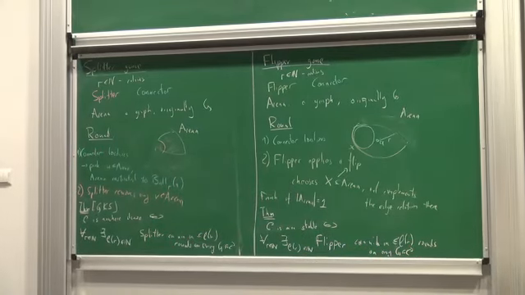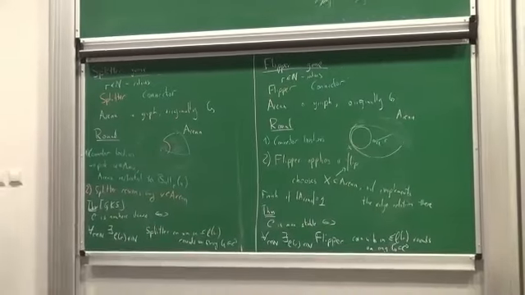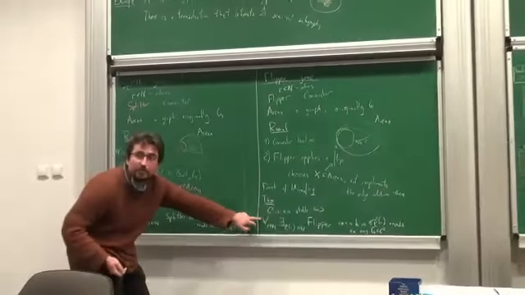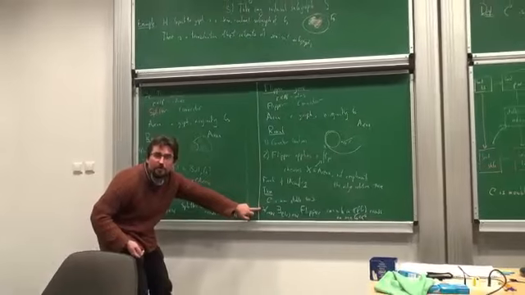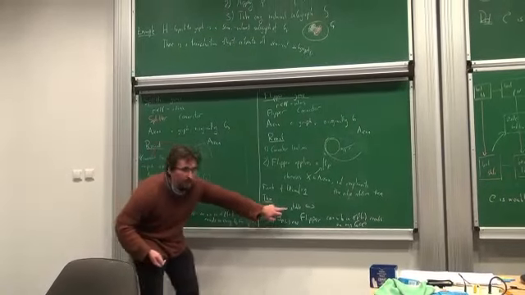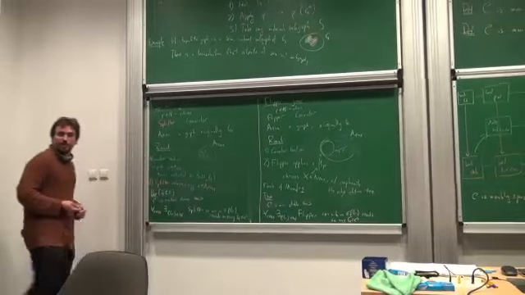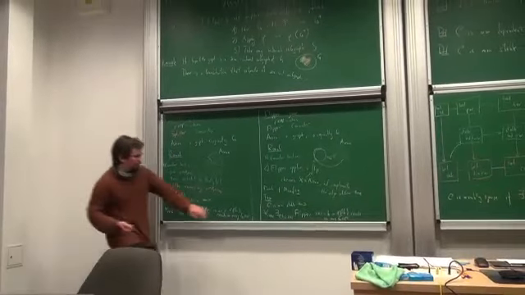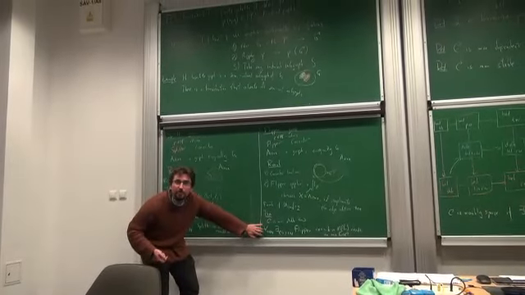Right? So observe that this is a purely combinatorial description. There's no logic inside. We defined monadic stability through this crazy transduction stuff. But now this is a purely combinatorial decomposition theorem.